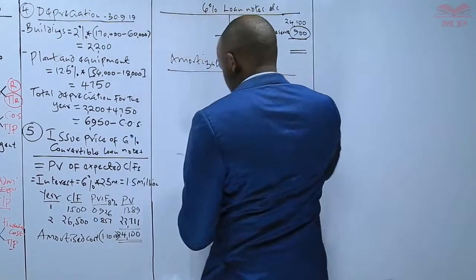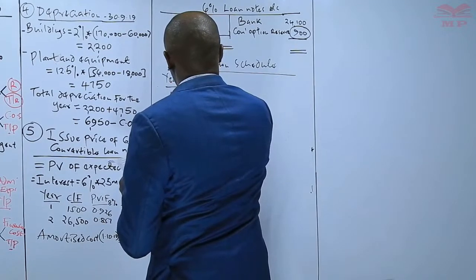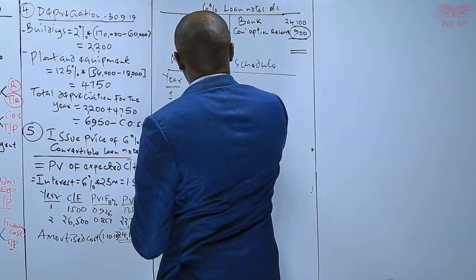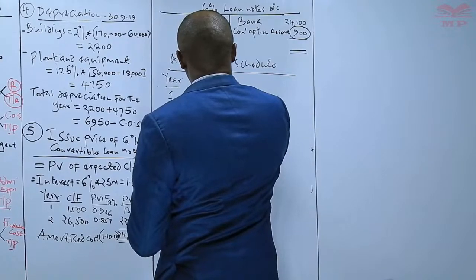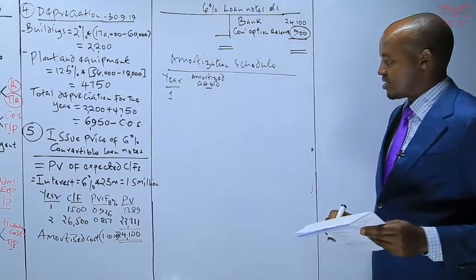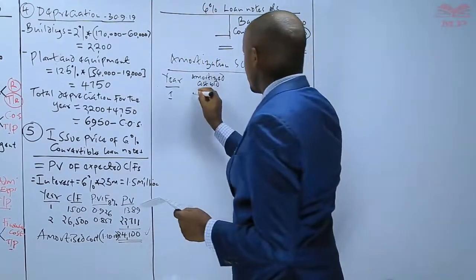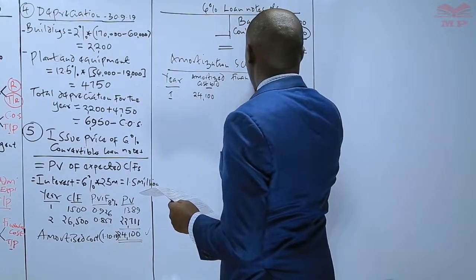Now, in preparing this schedule, we just need to prepare it for the first year, that is year 1. So first of all, we have the amortized cost at the start of the year, and we know that the amortized cost at the start of the year was 24,100. Then from there, we need to determine the finance cost.